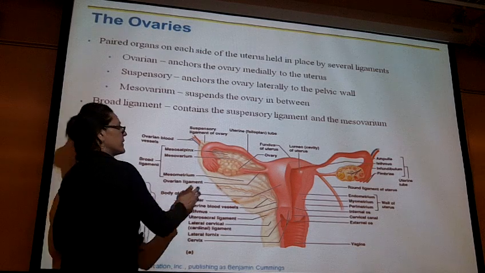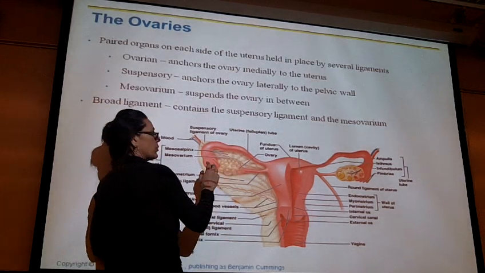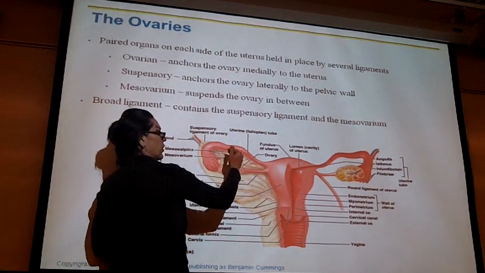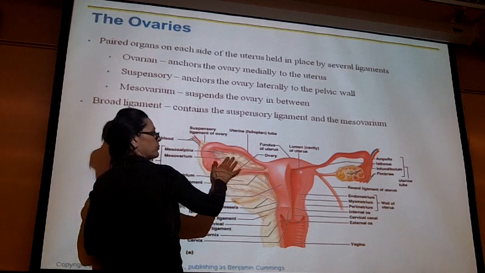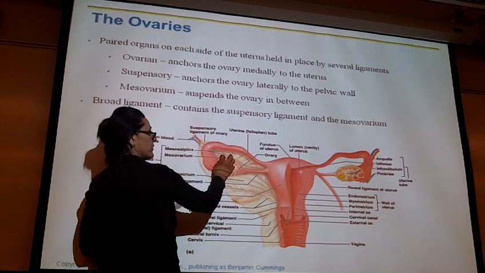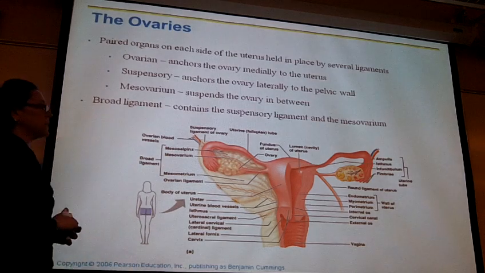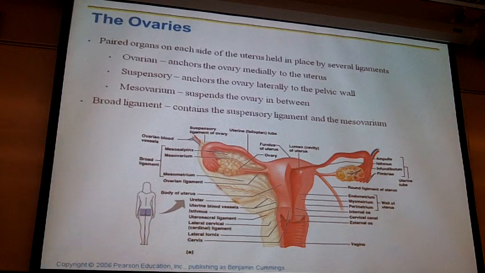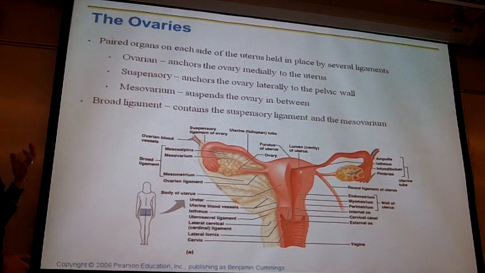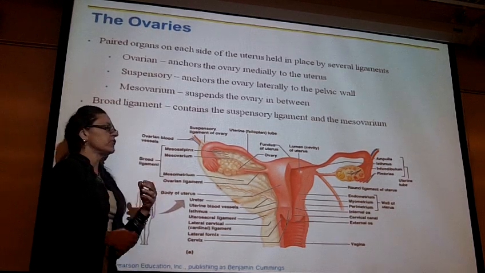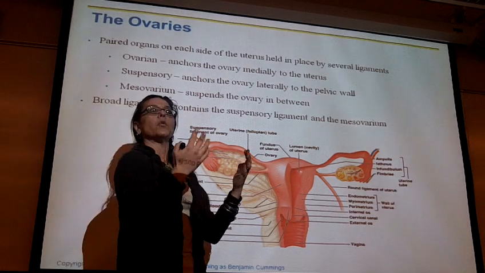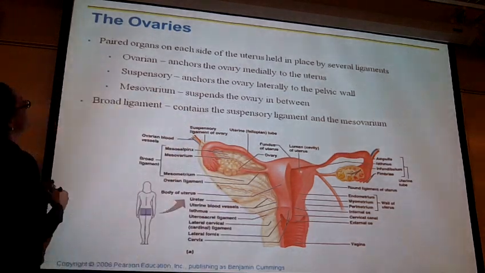So the mesovarium is just a thickening of the broad ligament right around the ovary. There are a lot of blood vessels that run through there going to the ovary itself. And that's there to help protect these structures and give a routing mechanism for blood vessels and nerves that are going to these various structures.